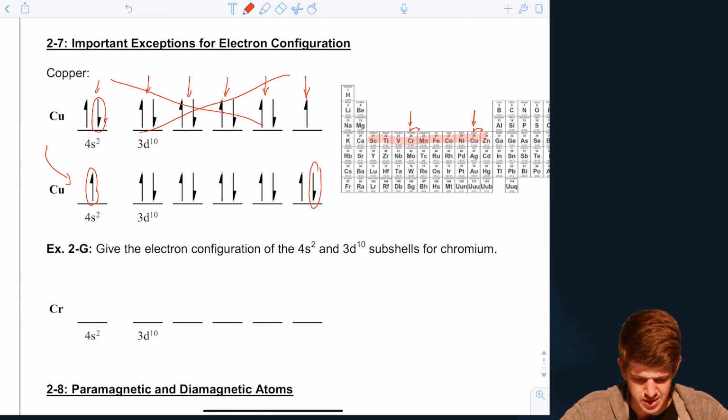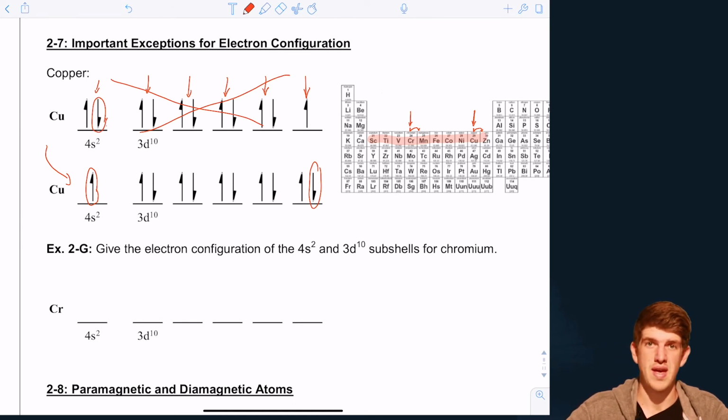Now, here is the other example. Give the electron configuration for the 4s2 and 3d10 subshells for chromium. Like we said, chromium is one electron short of a half-filled d subshell.